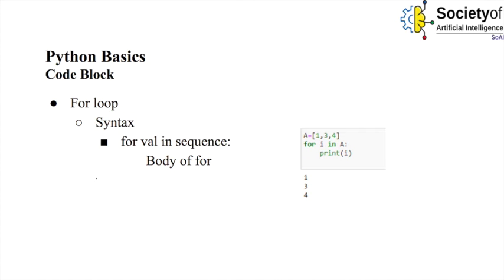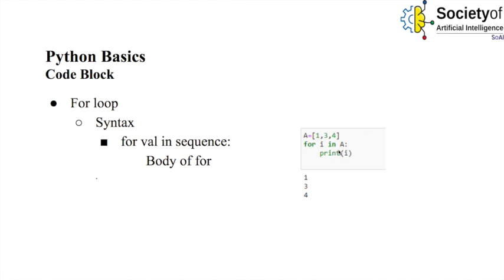Now for loop, as I mentioned earlier, is used when we know where to end the loop, and while loop is used when it is not certain when the loop will end. So here we have a list which contains three elements, 1, 3 and 4, and I is a variable here.